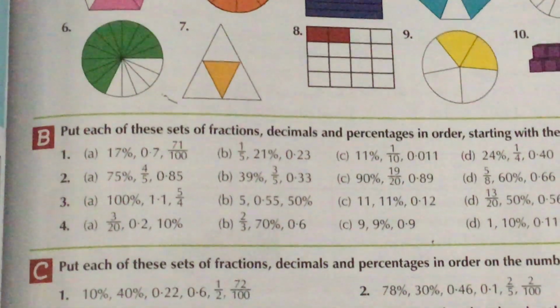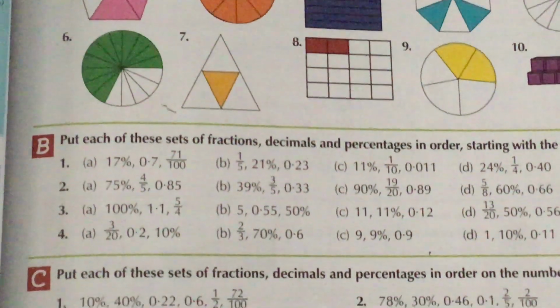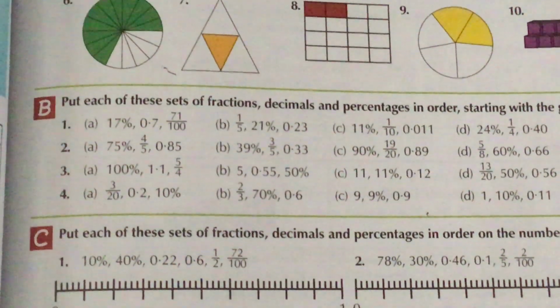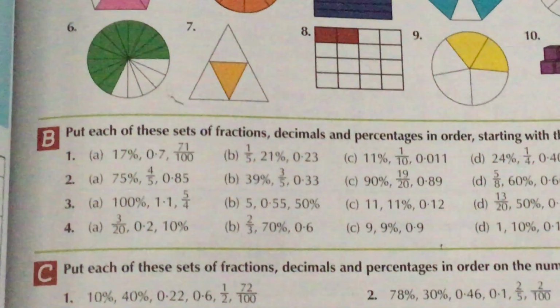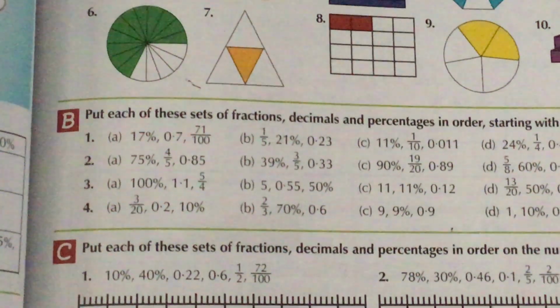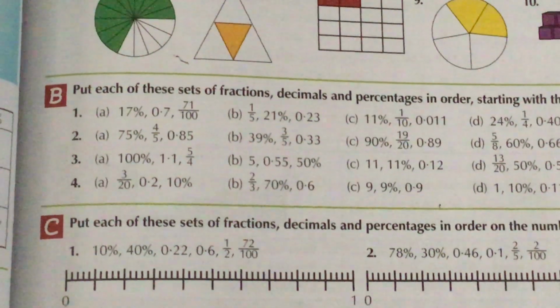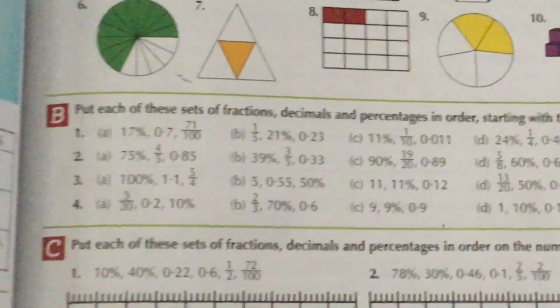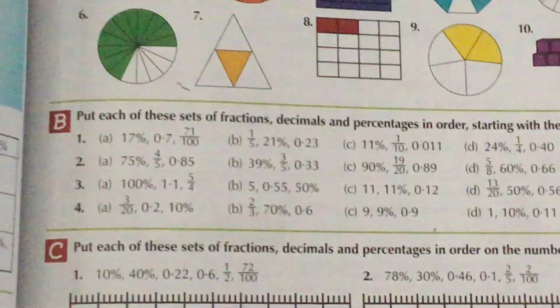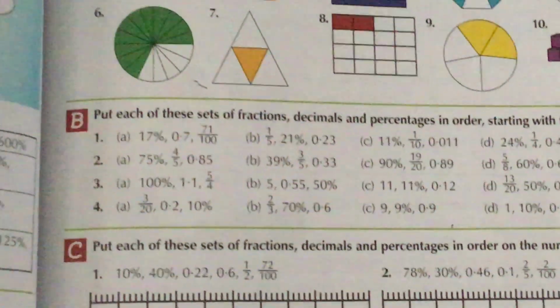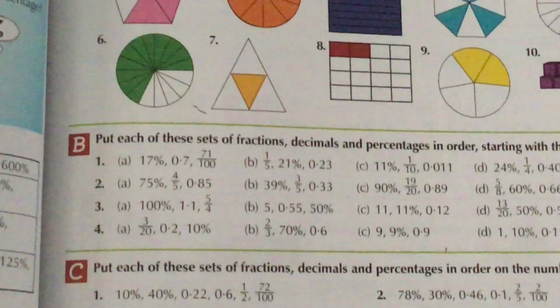And then it's followed by 21%, because it's bigger than 1/5, which is 2 over 10, or 20 over 100. Okay, guys? And that is the answer. So 0.23 is the greatest, then followed by 21%, and then followed by a fifth, which was 20%.